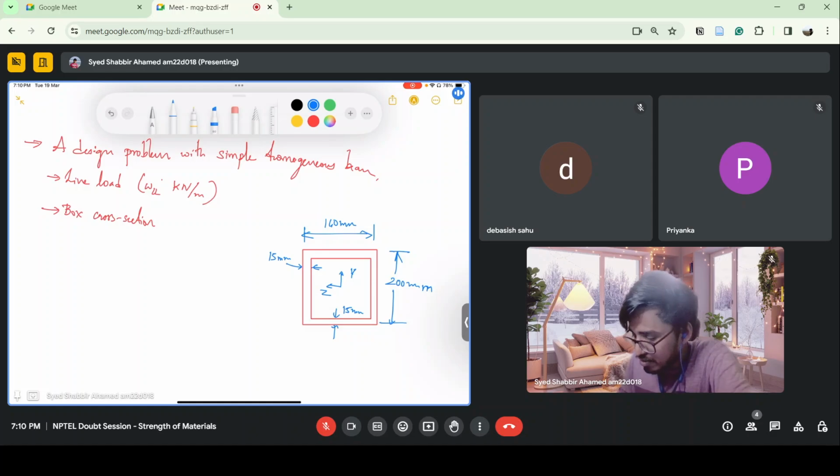And the beam, let's say this is a simply supported beam, for which the cross section is given.